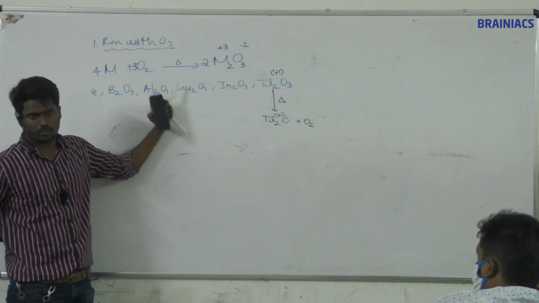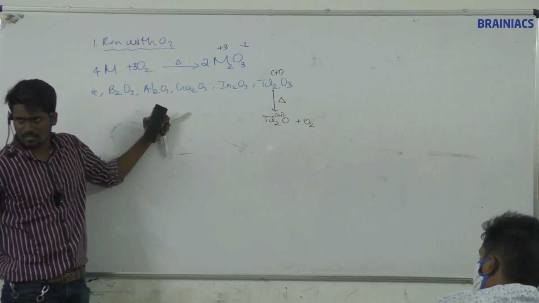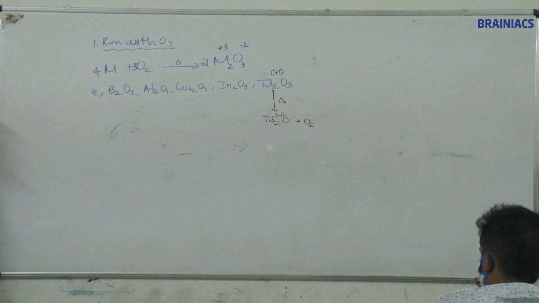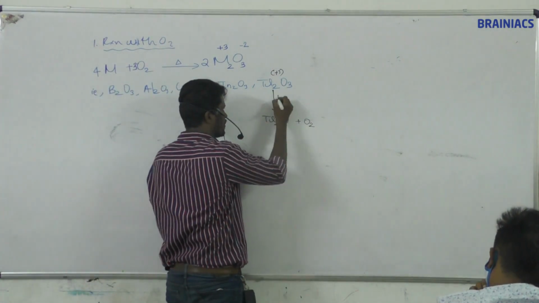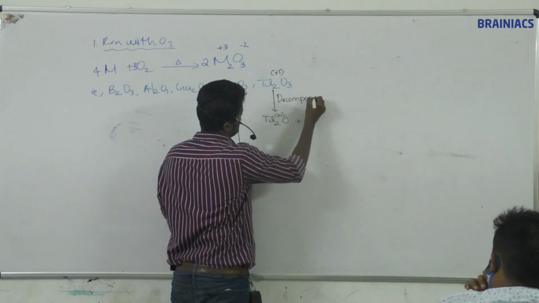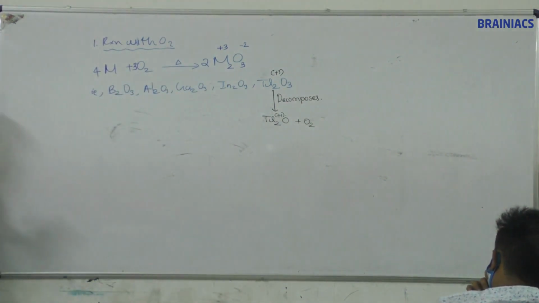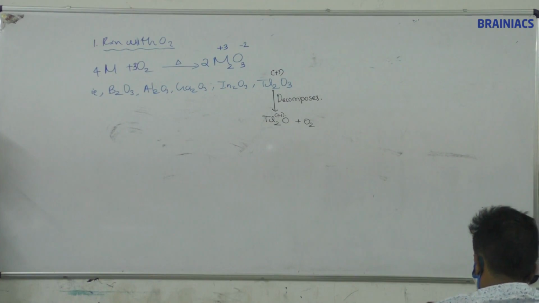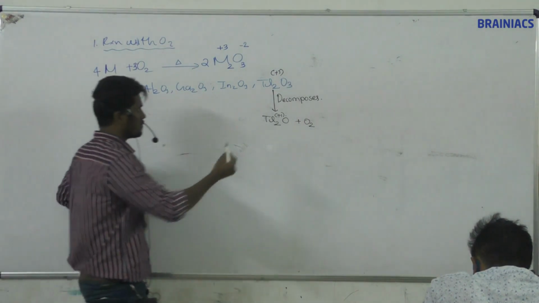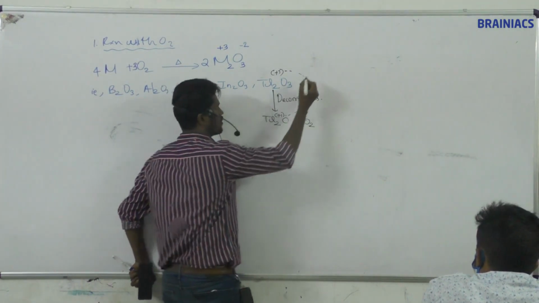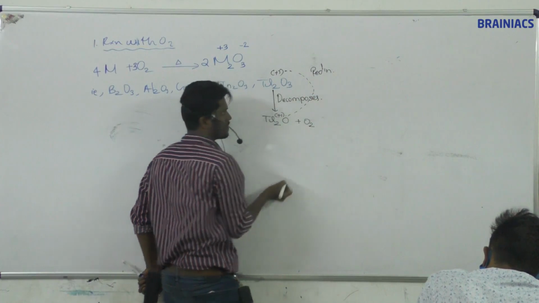Gallium is stable in +3, so +1 to +3 undergoes oxidation. +3 to +1 undergoes reduction.